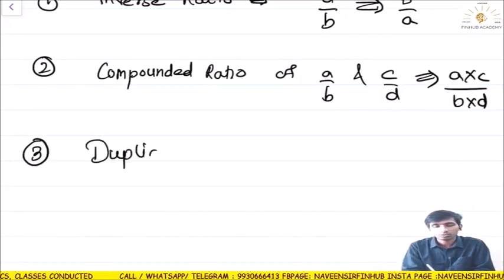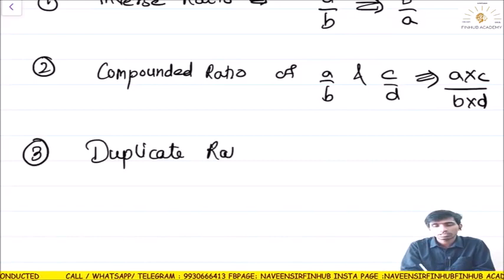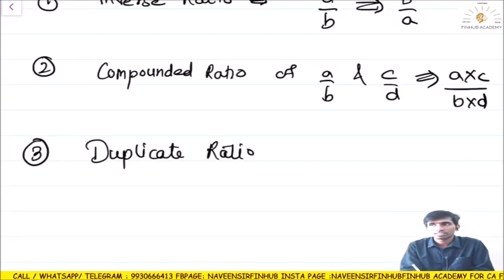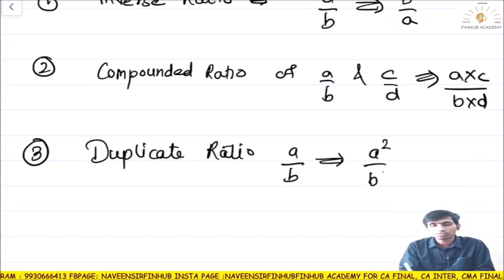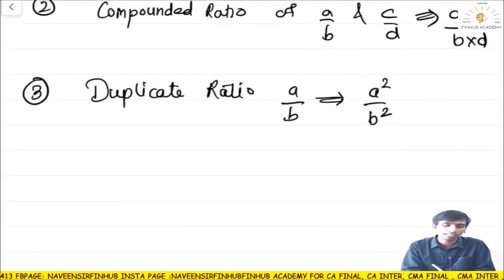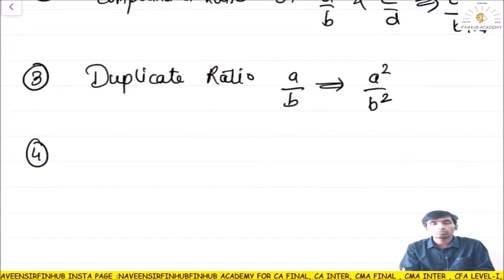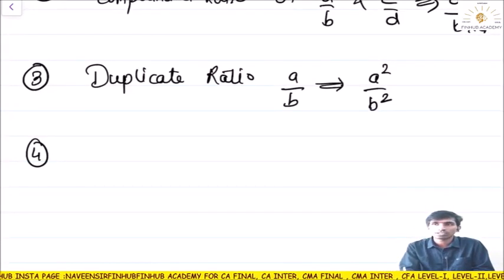Next, duplicate ratio. If you have a by b, this becomes a square by b square, meaning you have to square it when I say duplicate. I hope you are managing the speed with what I am teaching.